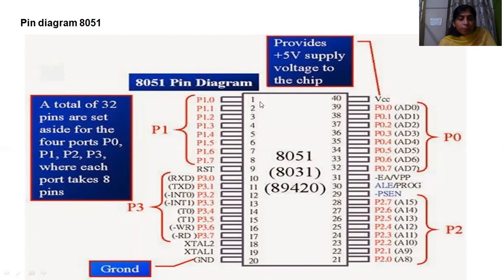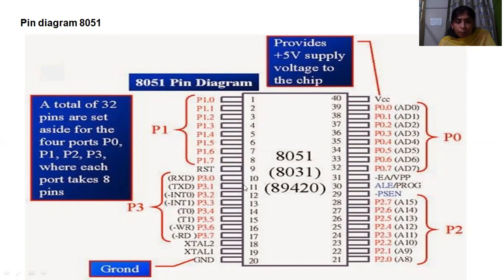So from pin number 1 to pin number 8, this port 1 is there, and the names are given as P1.0, P1.1, P1.2 and so on. This P1 port is exclusively for input output data, but the next, 9th pin is the reset pin.